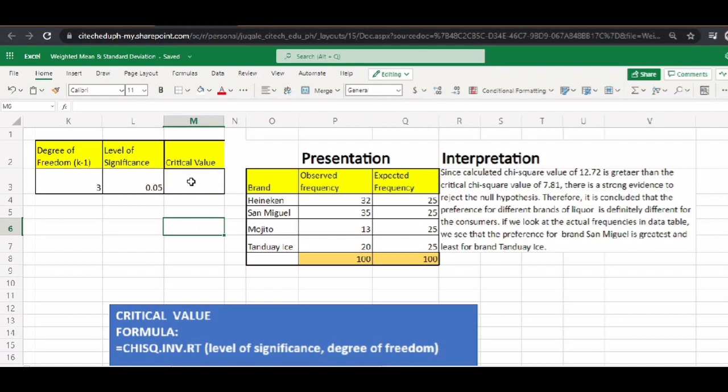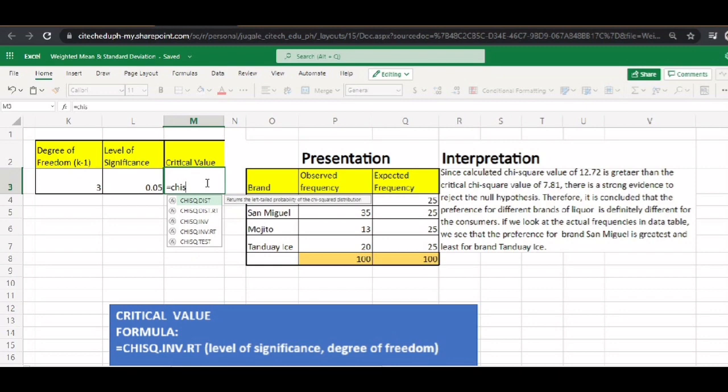So applying the formula, CHISQ.INV.RT, open parenthesis, level of significance, comma, and then the degree of freedom. Just follow the formula and you will not be confused. So we have here 7.81.